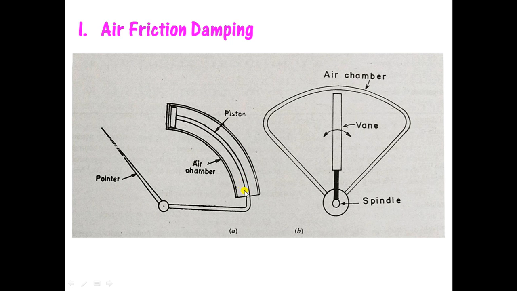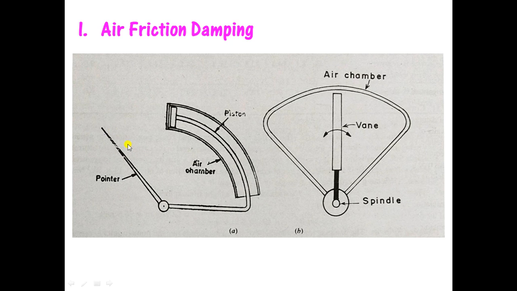There will be increased air pressure here which will oppose the movement of the piston. This is happening because of the air friction inside the air chamber, and because the piston's movement is opposed, the pointer's movement is also opposed, or in other words, the pointer is brought to rest at its steady state or equilibrium position.